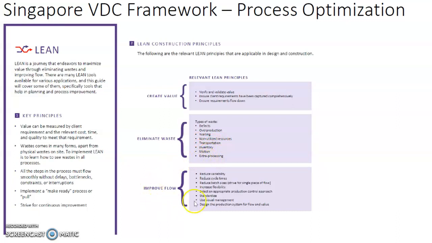At the same time, we also try to improve flow, or reduce variability, reduce the cycle time, reduce the batch sizes, increase flexibility, select an appropriate production control approach, standardize, use visual management, design the production system for flow and value. So these are some of the so-called Lean principles.